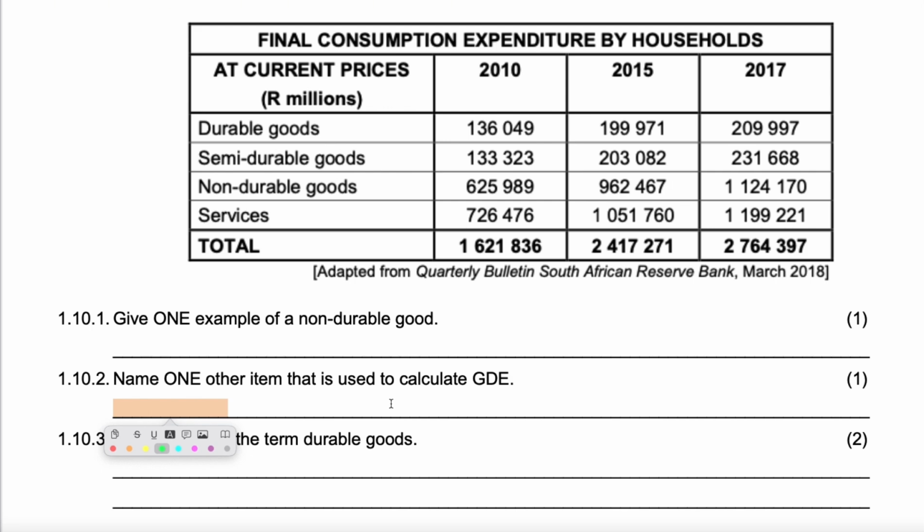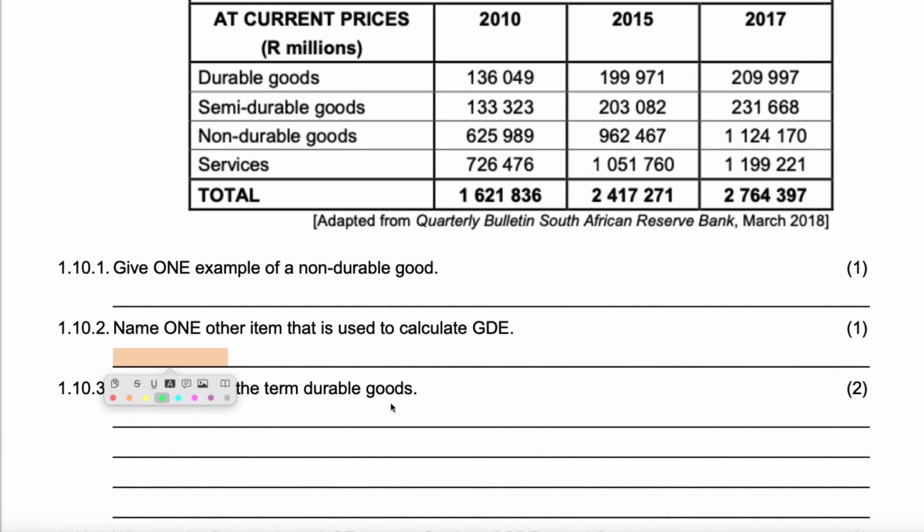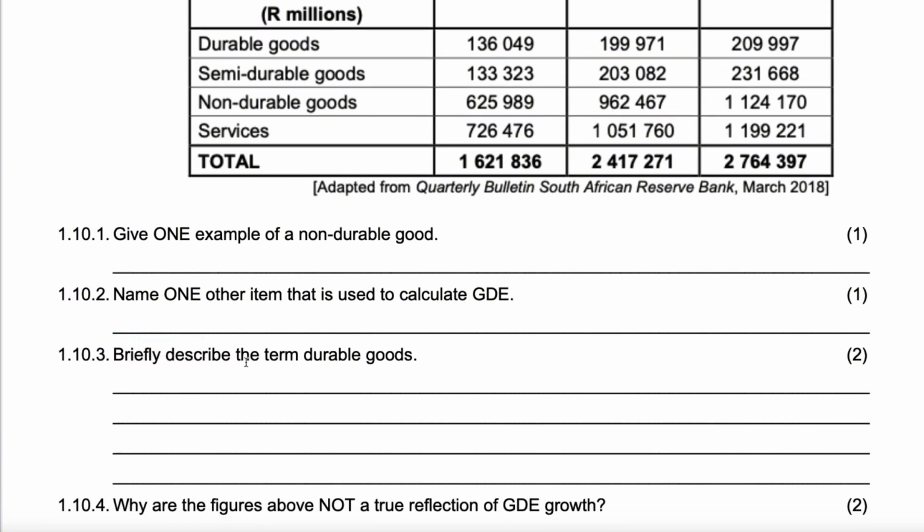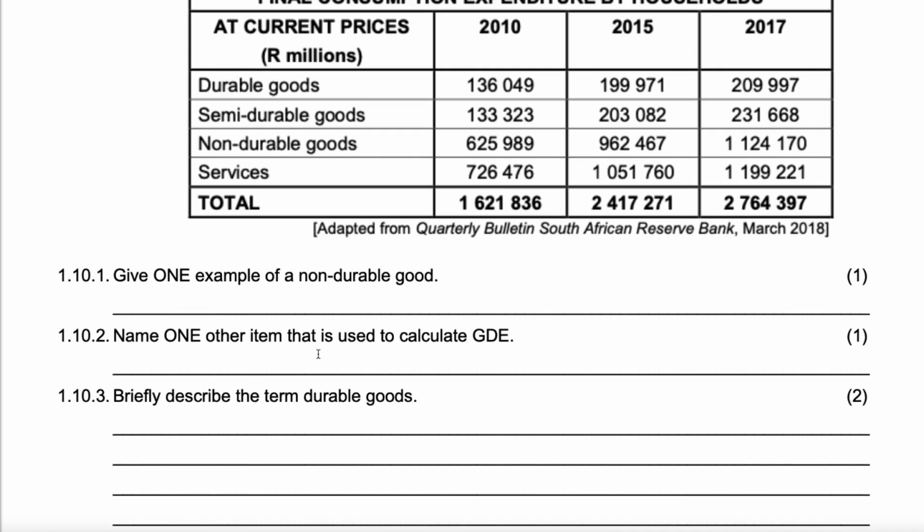You can write residual item, and that's to deal with any omissions or error. Then briefly describe the term durable goods. My desk is a durable good because it's something that I can use over and over again for a long period of time.